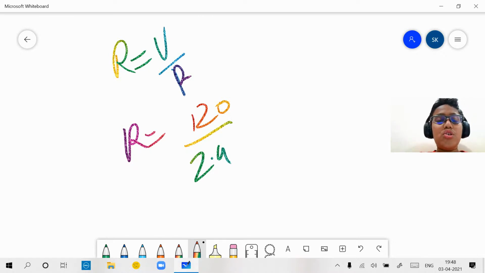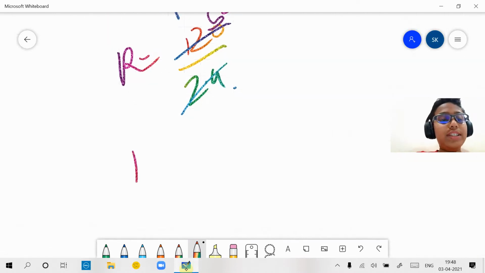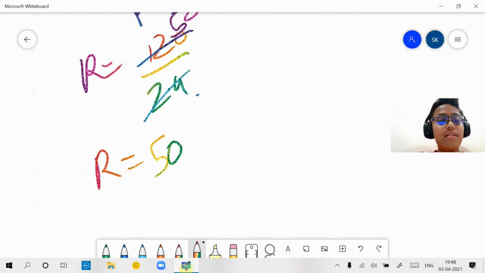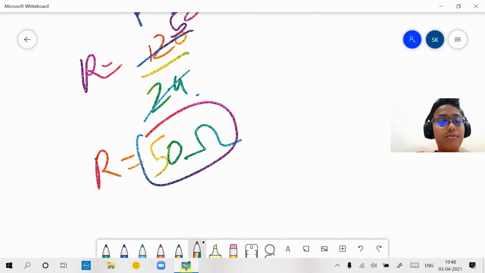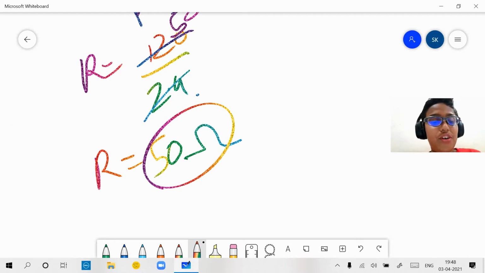So 2.4 into 50 is 120. So resistance is 50 ohms. It's obviously 50 ohms, common sense.